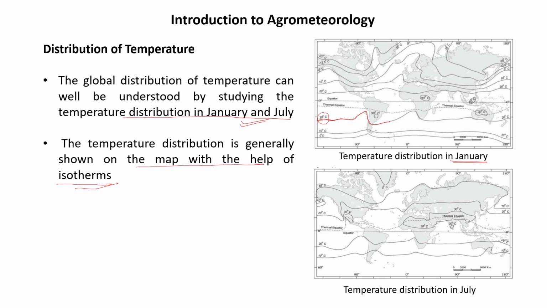The line which is running in this way has the same temperature. So these are called isotherms, right? In this way, we can see which region of the world has the same temperature in this particular month.